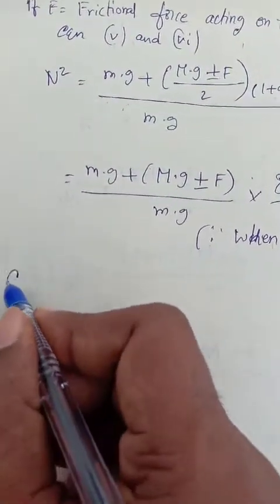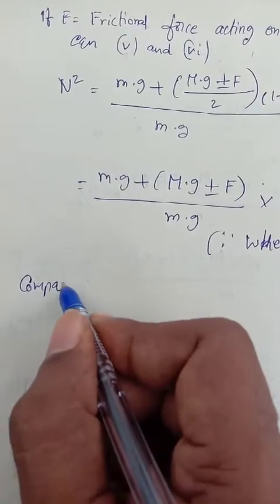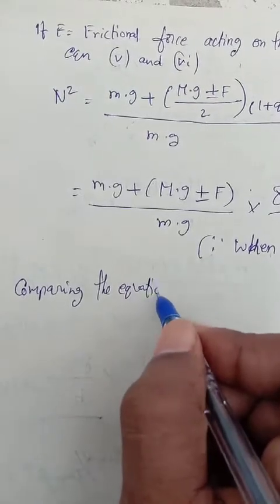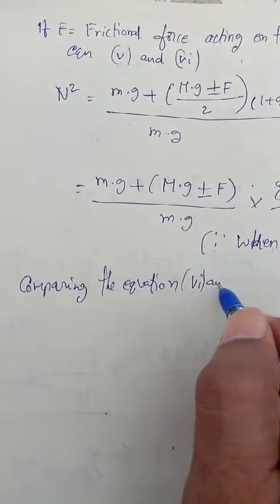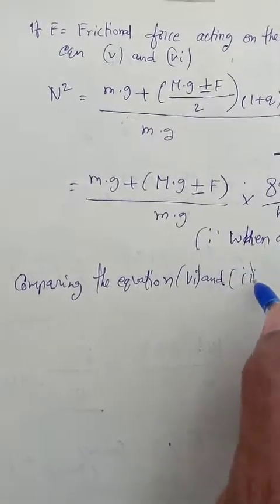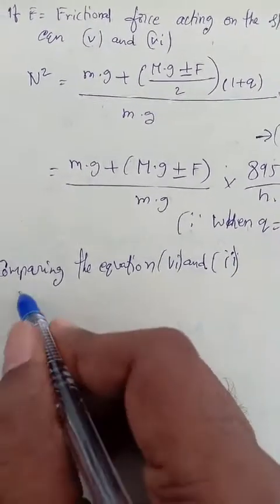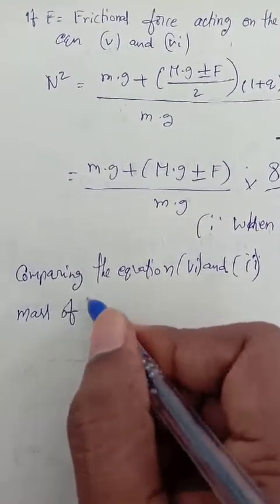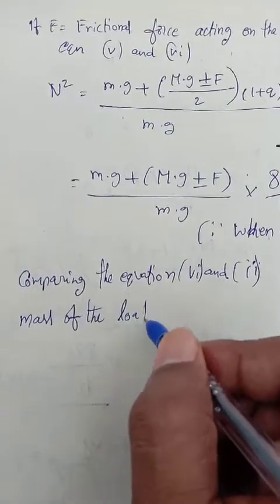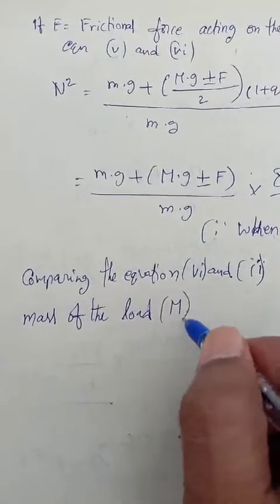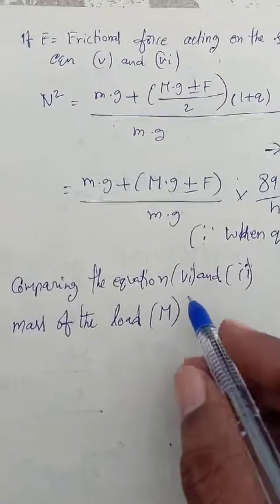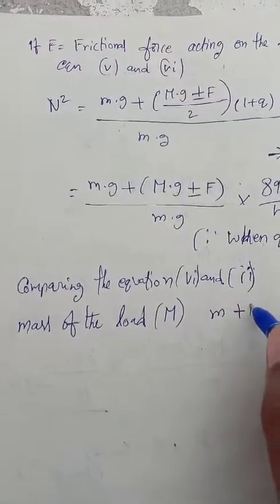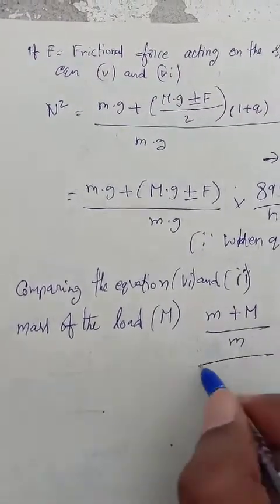ratio. Comparing equation 6 and 2, we get that the mass of the load, m, increases the height of the governor in the ratio m plus capital M by m.